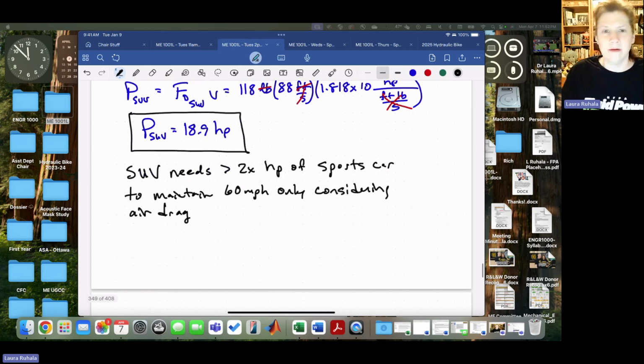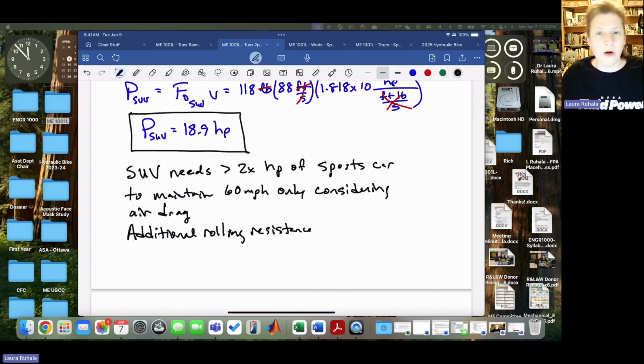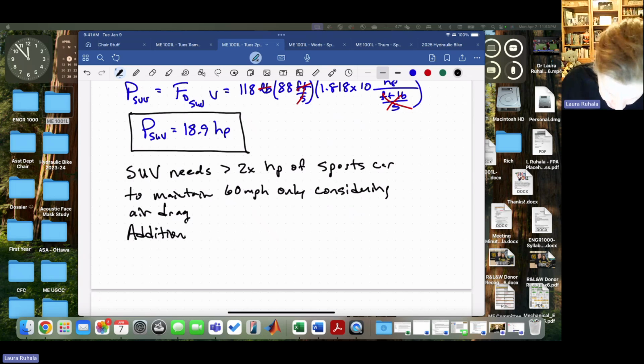So additionally, both vehicles are going to have to overcome additional drag. Let's call it rolling resistance. So where would we get that? Why would we have additional rolling resistance? Well, I think I misspoke.